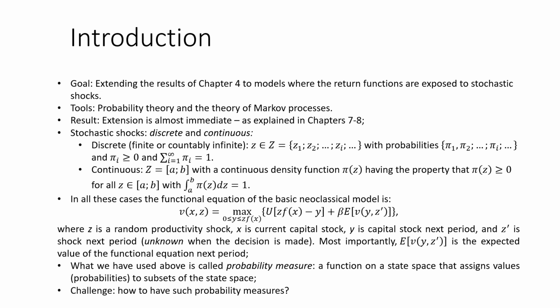How to extend the results of deterministic dynamic programming is the topic of chapters 7 and 8 in the textbook. So this lecture and the next one are about the main results.